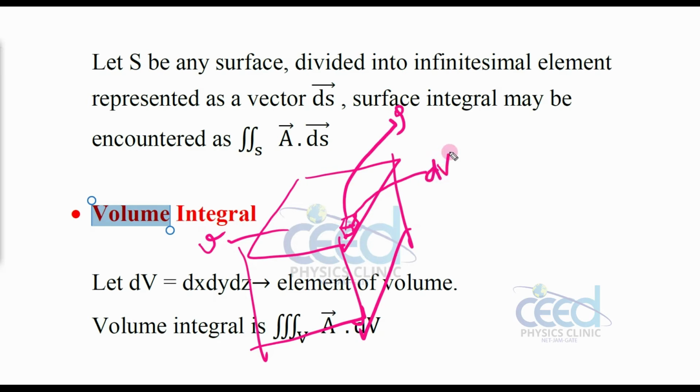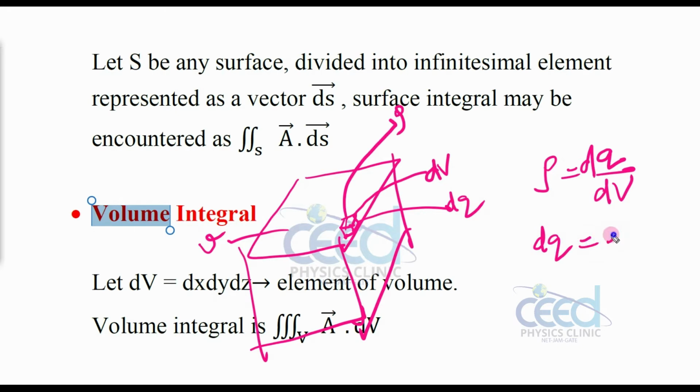Now we have studied that volume charge density is charge per volume. So a small elemental volume has a small charge dq, that is dq equals rho dV.